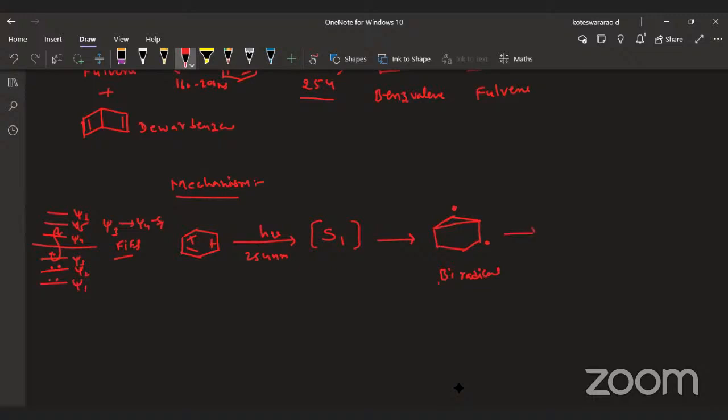That leads to the formation of benzvalene. The product is like this.